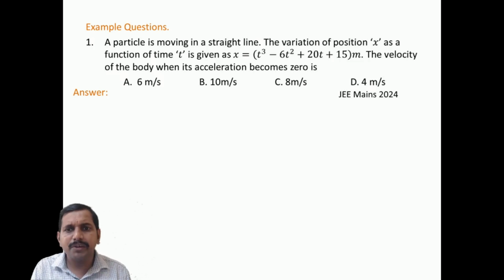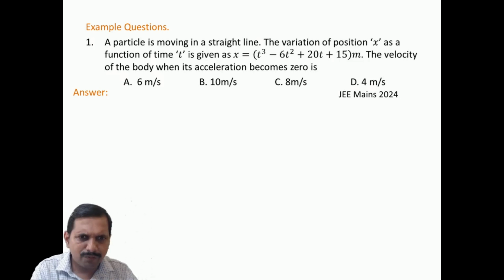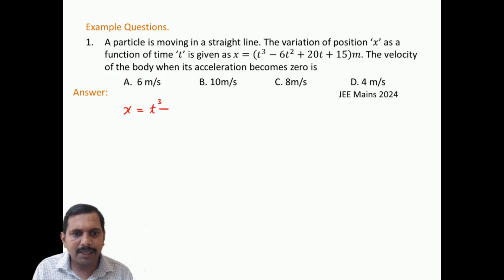So a particle is moving in a straight line. The variation of position as a function of time is given as t cube minus 6t square plus 20t plus 15 meter. The velocity of the body when the acceleration becomes 0 is. Let us see that. So first of all, x is given as t cube minus 6t square plus 20t plus 15, right?